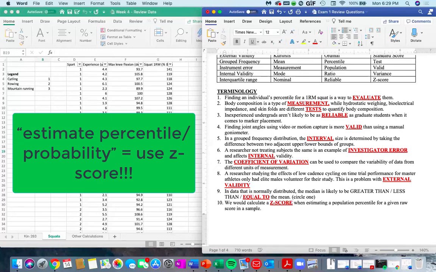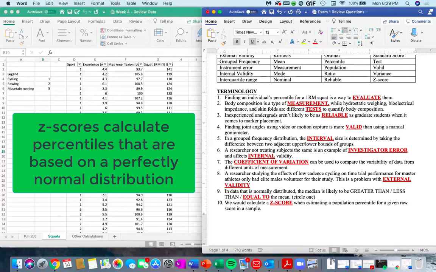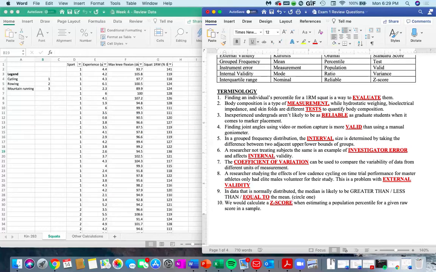Okay, and the reason that we call it an estimation is because z-scores are based off of perfectly normal distributions, which is what we assume the population looks like, right? We don't always know if our samples are normally distributed.